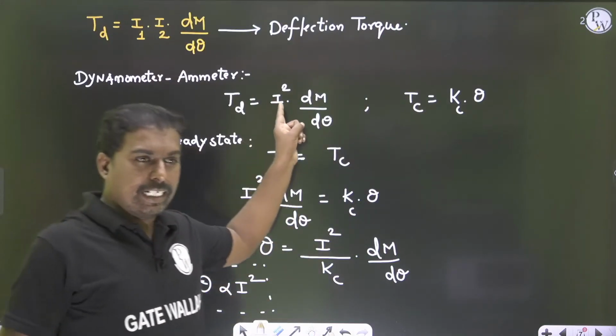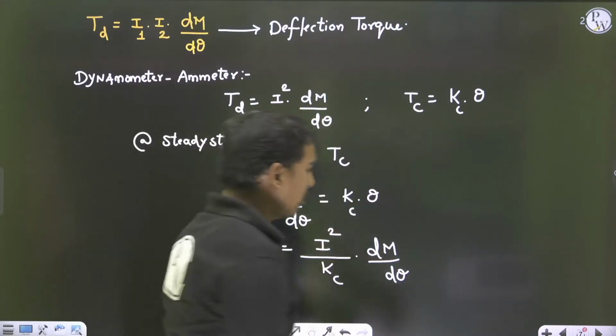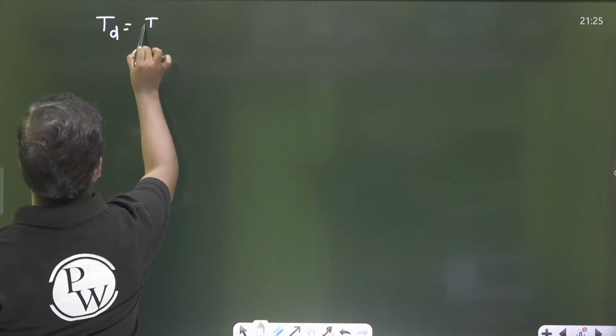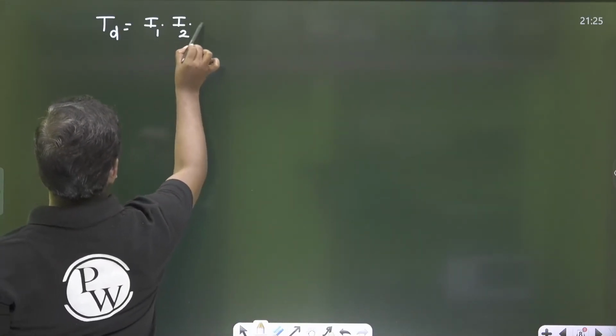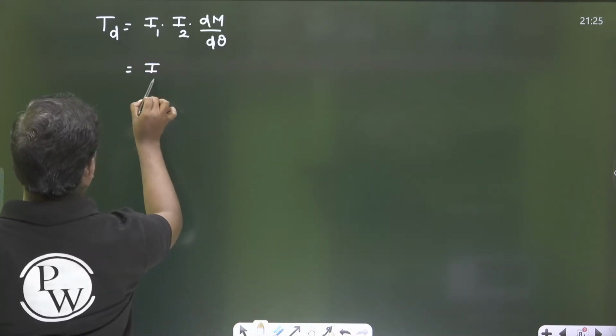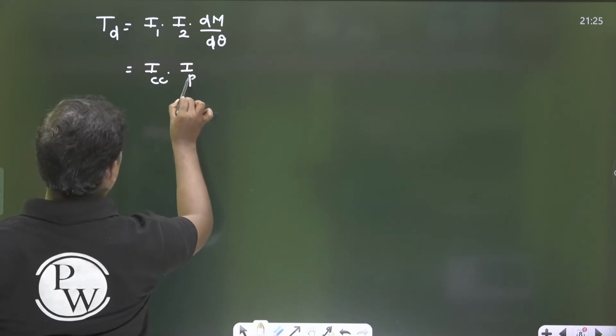If I take this current I2 as the current passing through the pressure coil, then the deflection torque is equal to I1 into I2 into dM by d theta. This is the current passing through the current coil and this is the current passing through the potential coil.